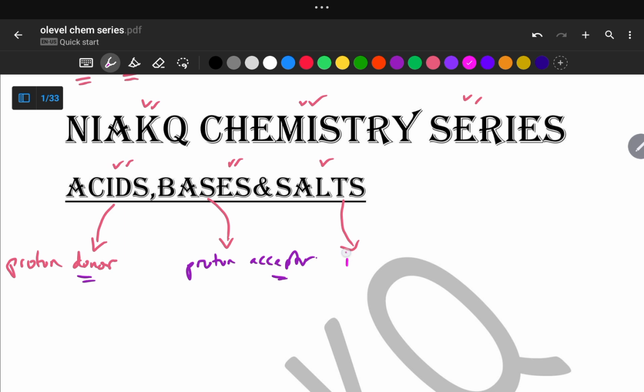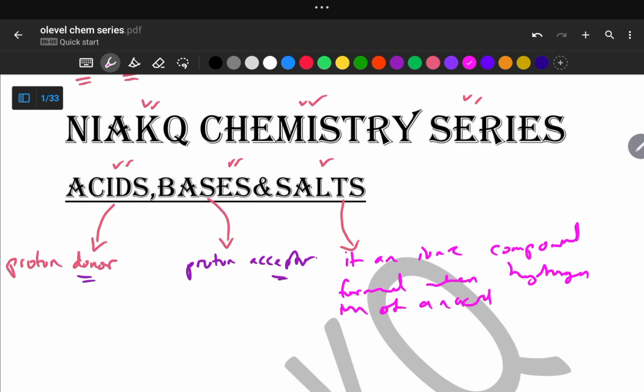So it is an ionic compound formed when the hydrogen ion of an acid is replaced by either a metal ion or ammonium ion. So this is the definition of the salt, right?